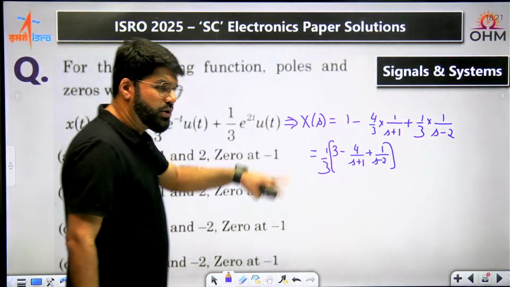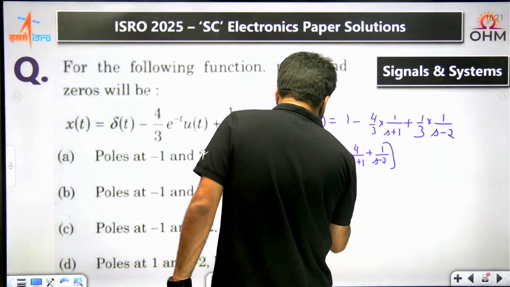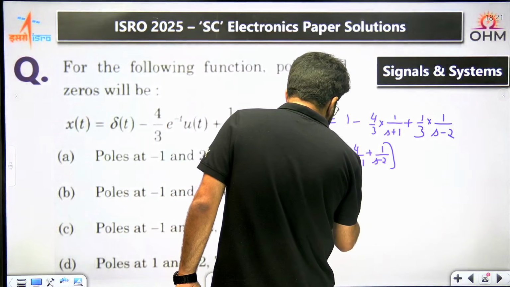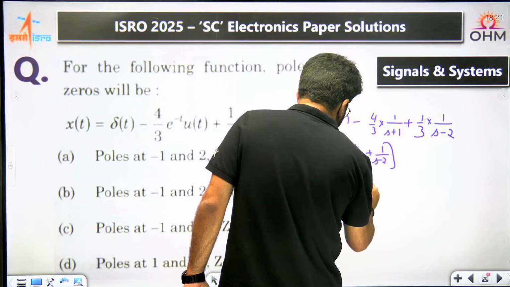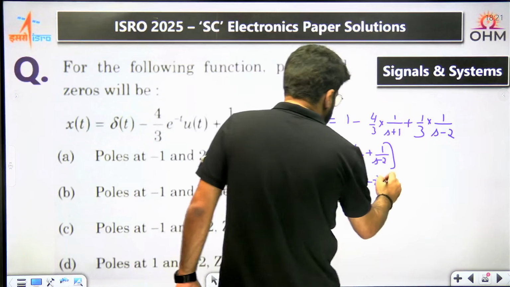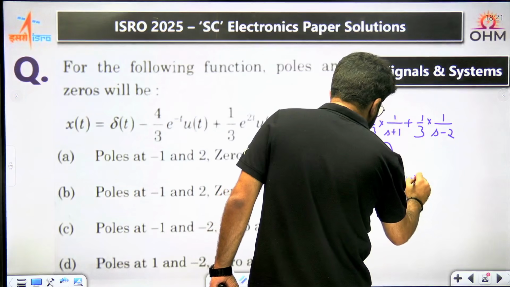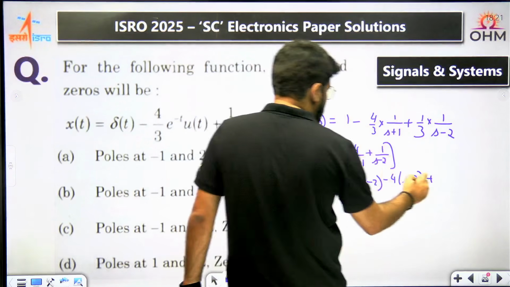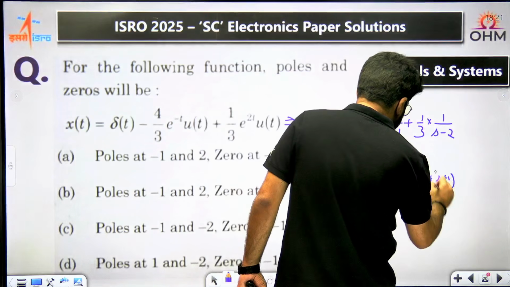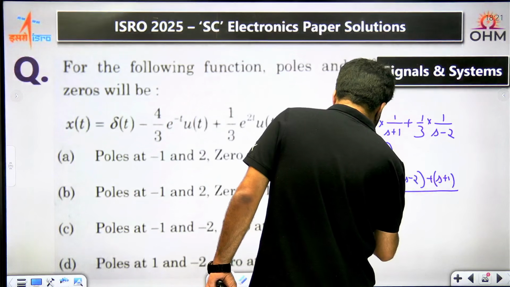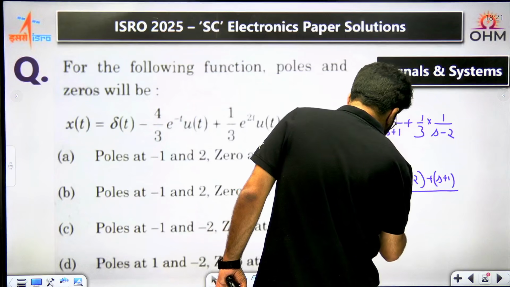Zeros also we have to calculate and say the answer. So 1 by 3, 3 multiplied throughout by (s plus 1)(s minus 2), then minus 4 times (s minus 2), and plus (s plus 1), all divided by (s plus 1)(s minus 2).